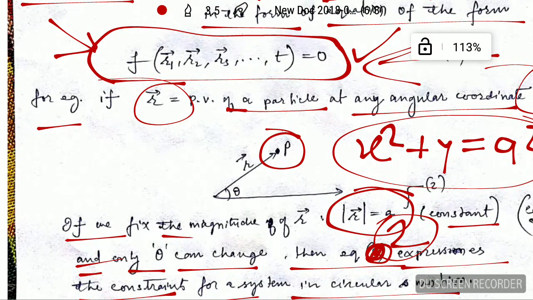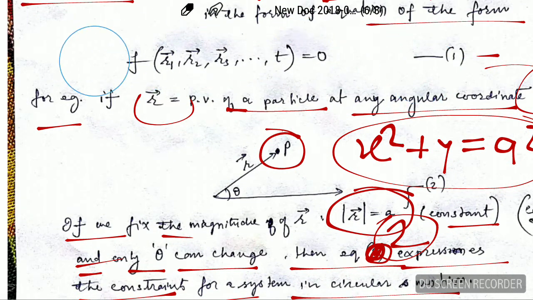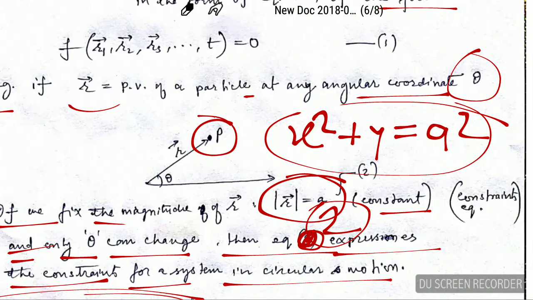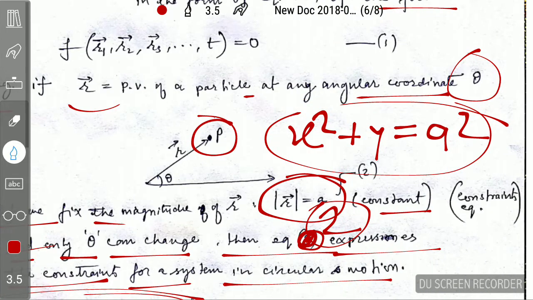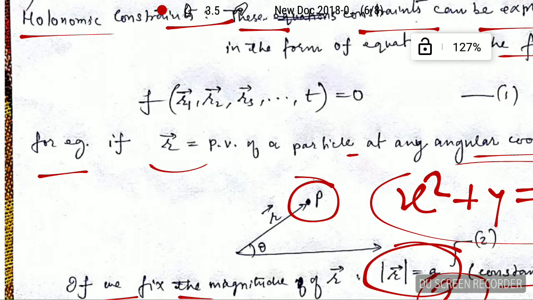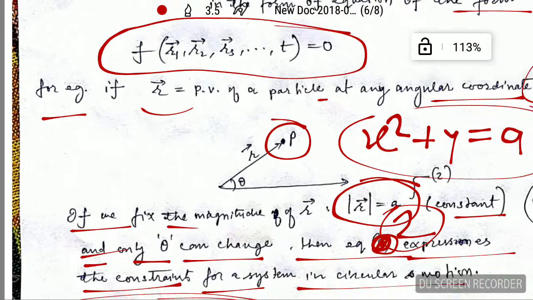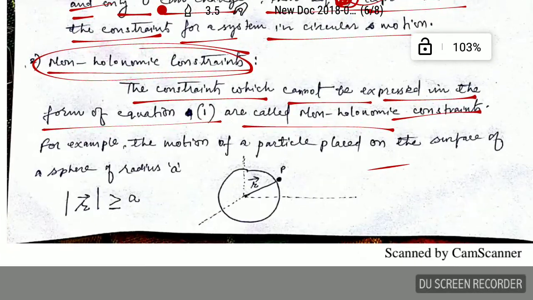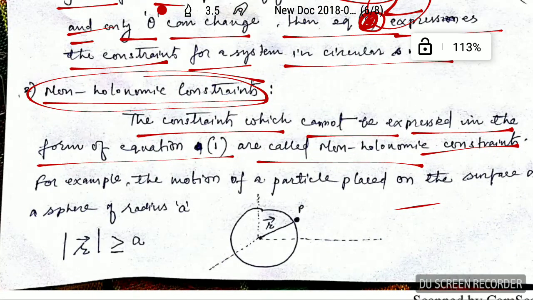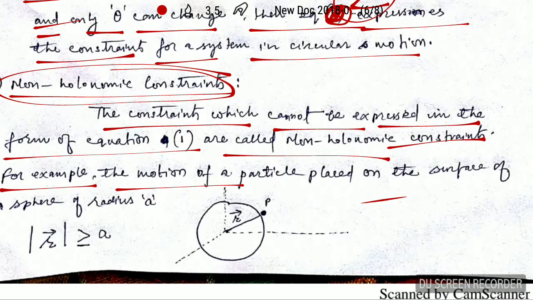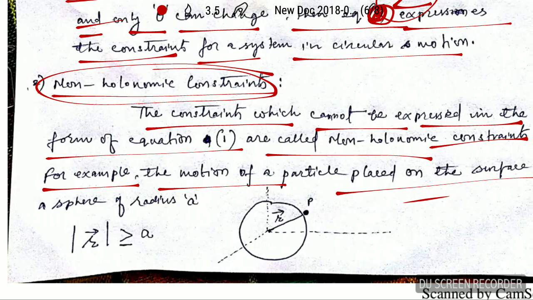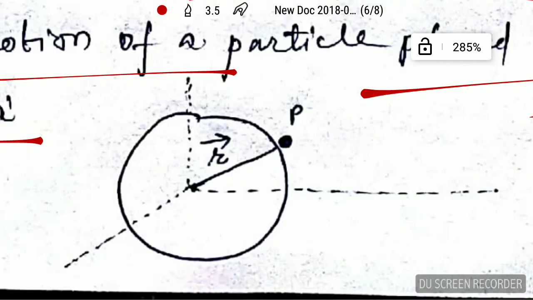That means, I will repeat, the constraints which cannot be expressed like this equation are called non-holonomic. So let's look at the example. For example, the motion of a particle placed on the surface of a sphere of radius a. It's very simple.